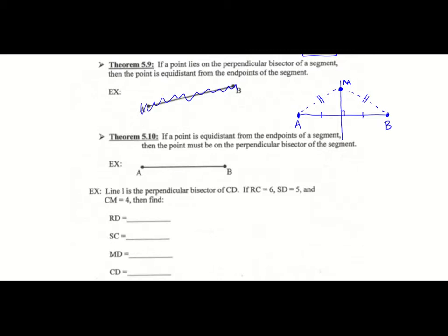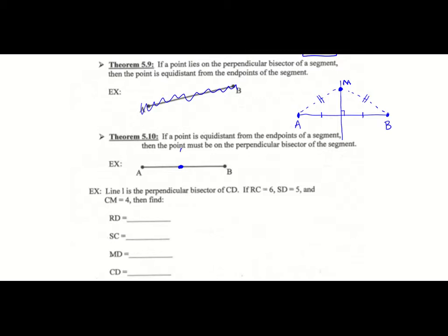So then if we have a point equidistant from the endpoints of a segment, so in this case, theorem 5.1, if it is equidistant from the segment, then the point must be on the perpendicular bisector.